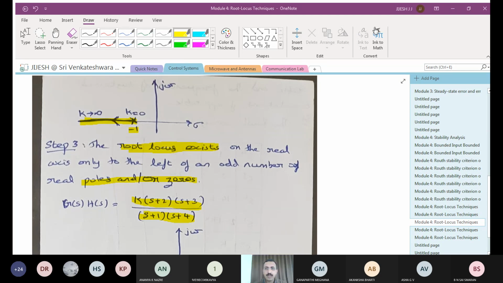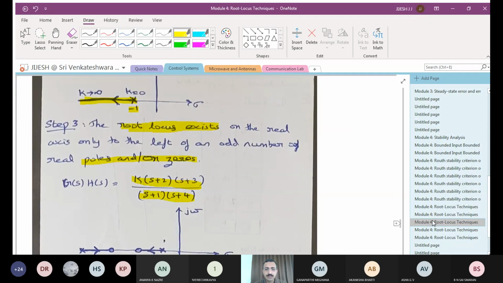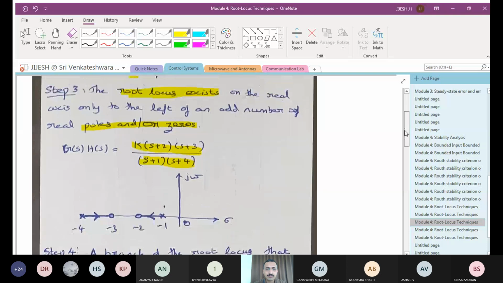Once you have understood that, let us see how this goes. G(s)H(s) is equal to K(s+2)(s+3) divided by (s+1)(s+4). So you need to find the poles as well as zeros. Let me just do that.